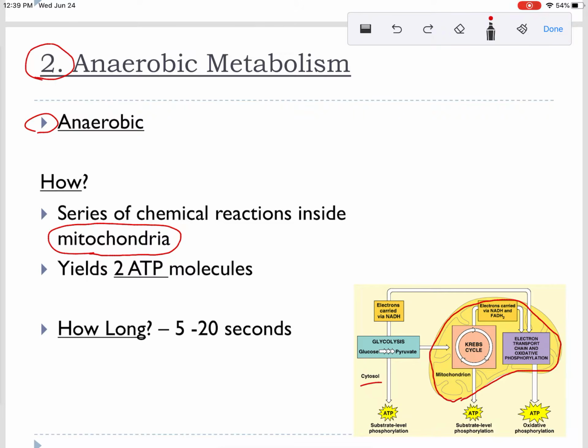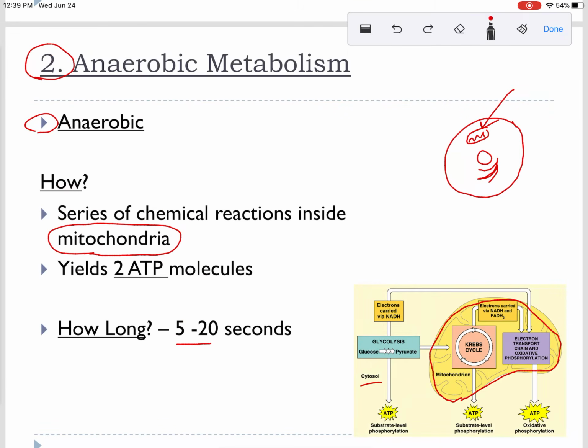And if you think back to biology you've had before, when you talked about the parts of a cell, here's our animal cell, here's the nucleus, here's the endoplasmic reticulum, and so forth. There were these structures that kind of look like sausages called mitochondria. And the mitochondria of the cell produces energy. And now we're seeing how. This is where many of the chemical reactions occur to produce ATP.